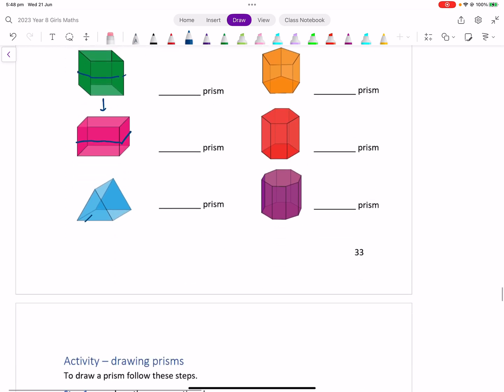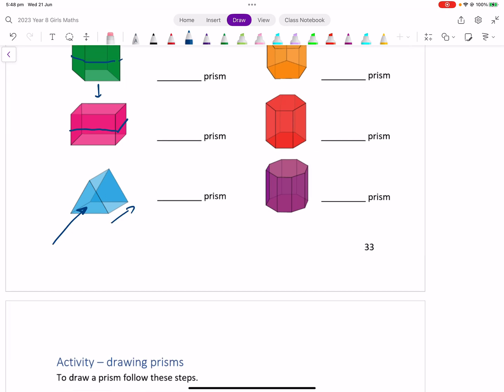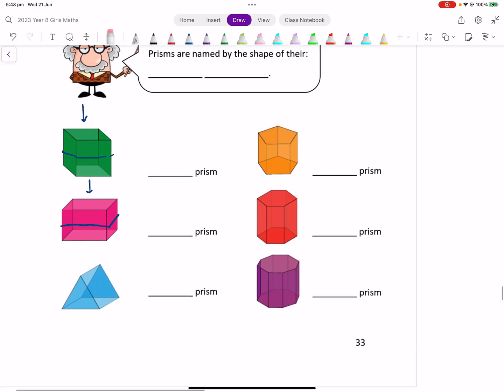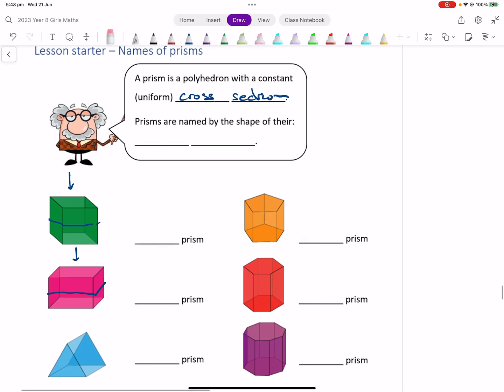This guy here, we're actually looking from here because the cross-section is the same in this direction, and he's like a mini blue Toblerone. We take a slice through there. We take that one off. We look here again, and guess what we see? A triangle, just the same as before. That's what a cross-section is called. And prisms are named by the shape of their cross-section.